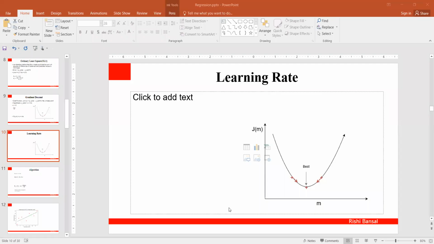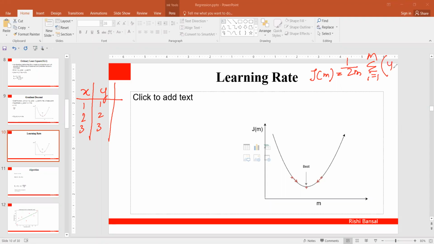Okay, ji. So again, I need to draw it. Okay. Now here, (y predicted minus y actual) square.